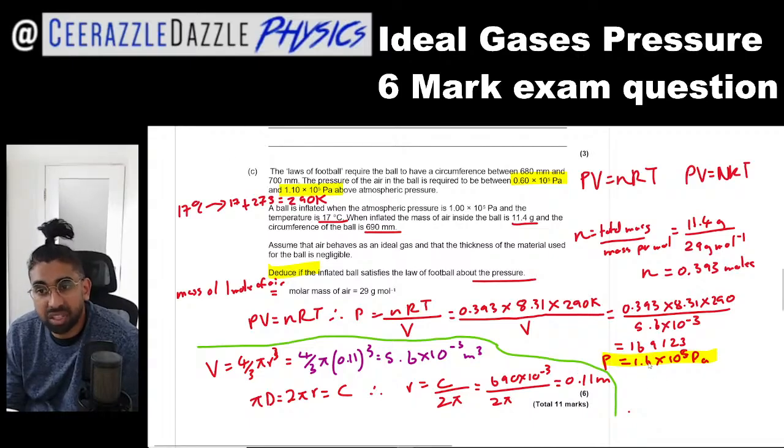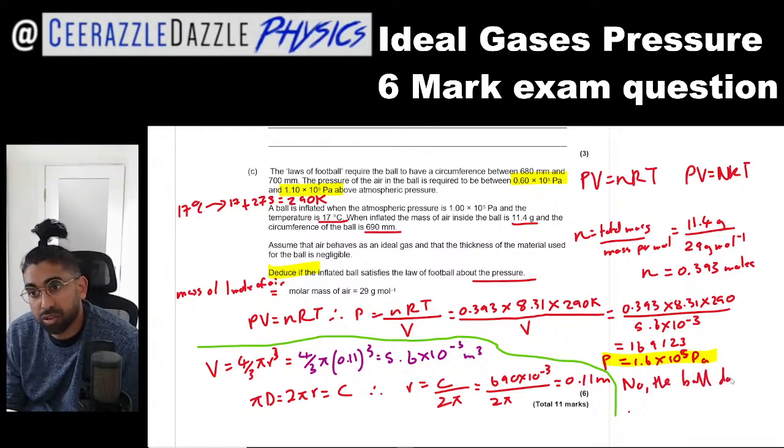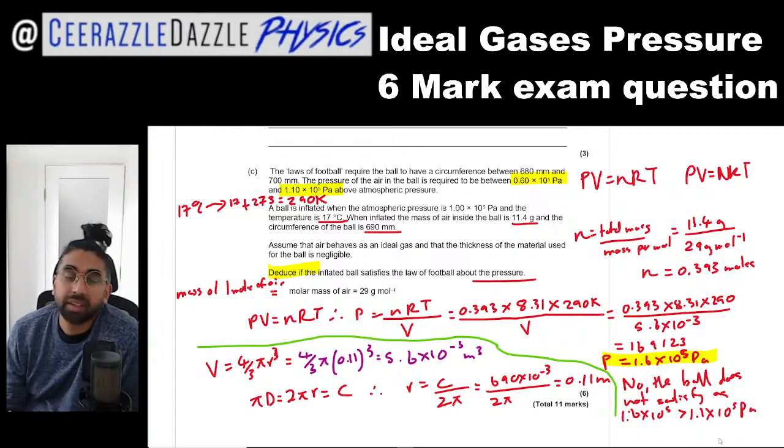No, clearly not, because it's higher than that value there. So no, the ball does not satisfy, as the 1.6 times 10 to the power 5 is greater than 1.1 times 10 to the power 5 Pascal. There we go.